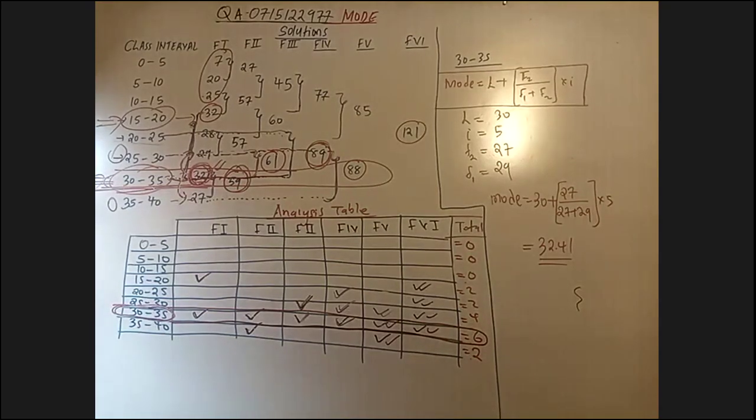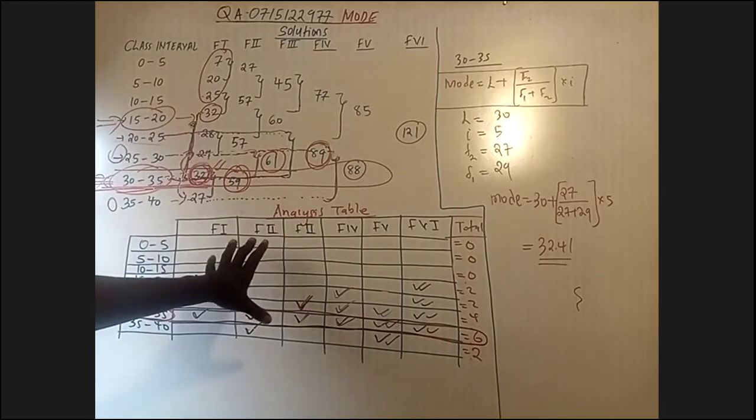So you can use any method. Remember the previous class? If you find a mode question, you can try to use this method. It is also allowed. So it is not necessarily only where we have 32 and 32. Even if it was just one 32, you can use this analysis table if you want.